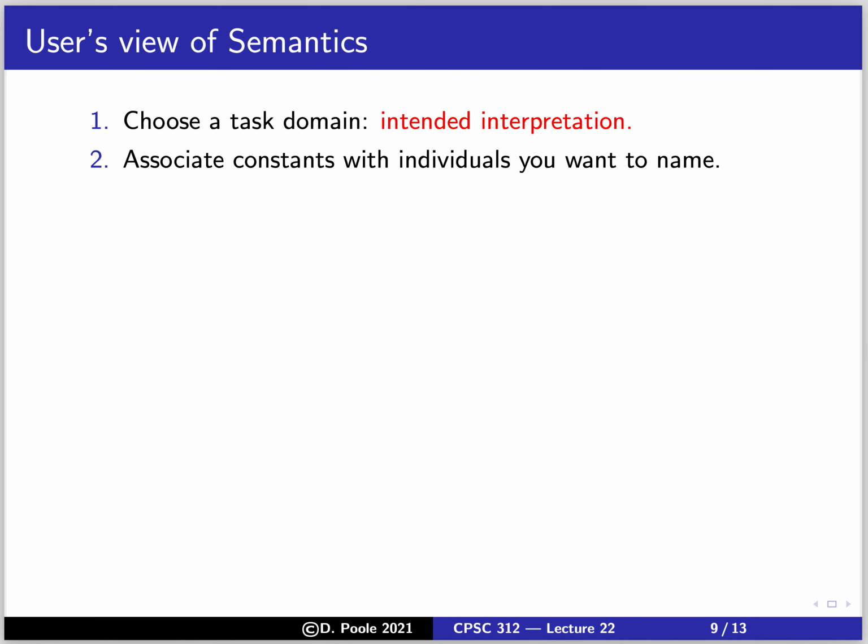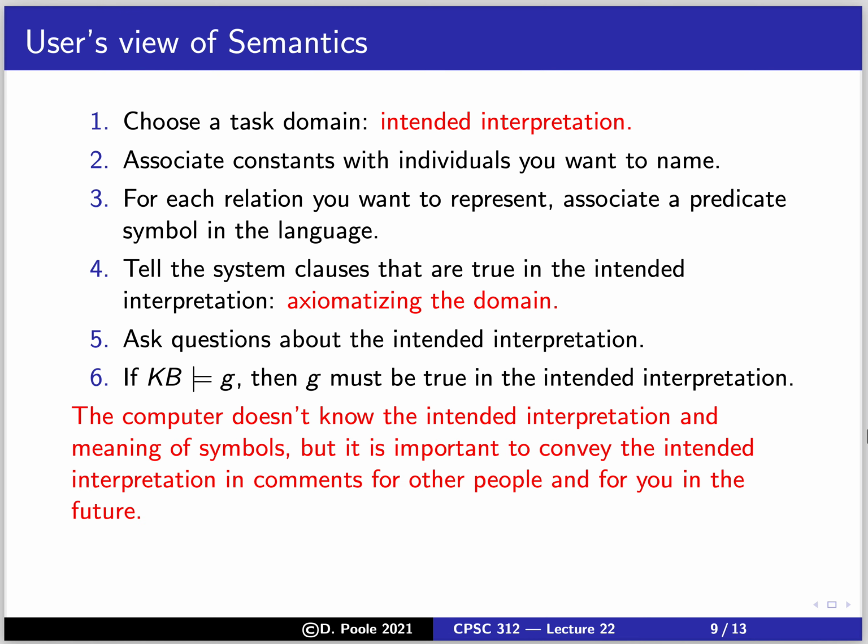Then we're going to ask questions about the intended interpretation. And if this knowledge base, what we told about the world, logically implies G, then G must be true in the intended interpretation because it's true in all models, and by assumption, our knowledge base contains statements that are true. Okay?